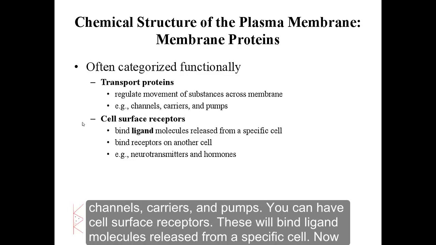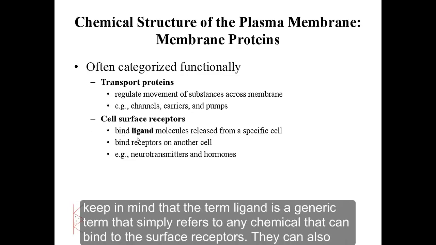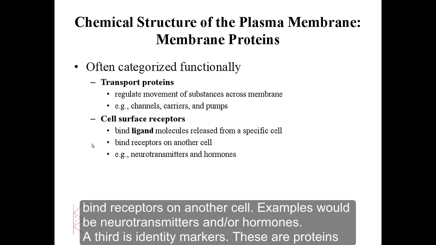You can have cell surface receptors. These will bind ligand molecules released from a specific cell. Now keep in mind that the term ligand is a generic term that simply refers to any chemical that can bind to these surface receptors. They can also bind receptors on another cell.